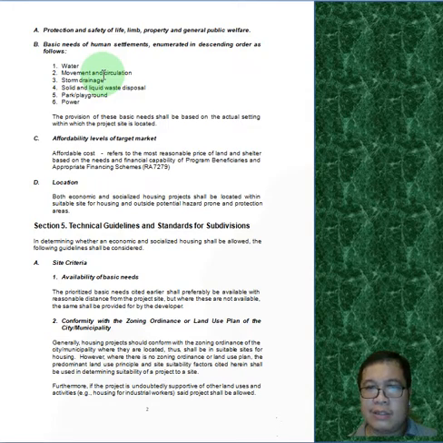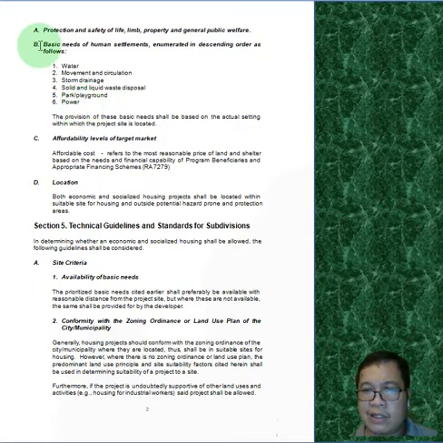Then solid and liquid waste disposal. This is very important, because if there's no sanitation, what would happen? These areas will be very affected. Then parks and playgrounds. Then of course power.